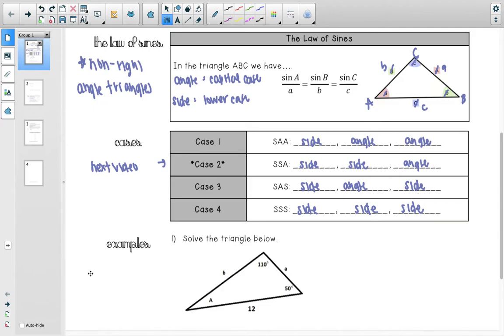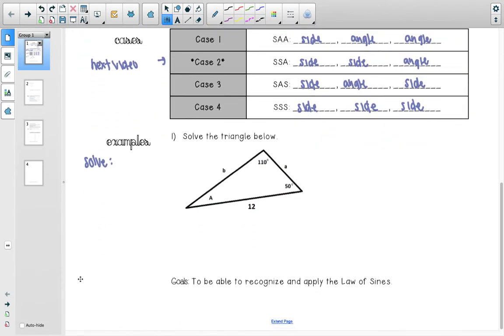Now, anytime you have an example where it says solve the triangle, you have to find every angle and every side. So when it says solve the triangle, you're literally getting all the information. So I'm going to make an underline of the ones we need to fill out.